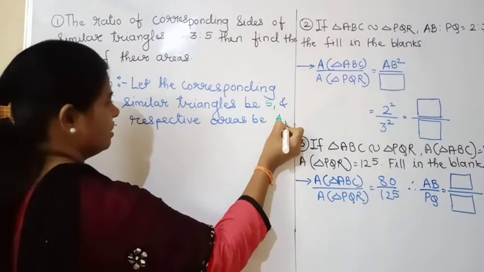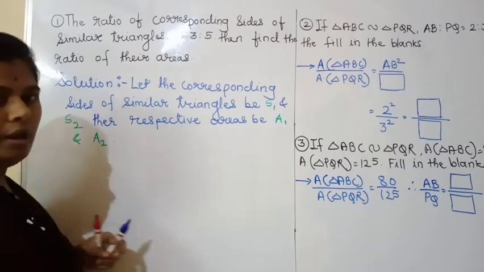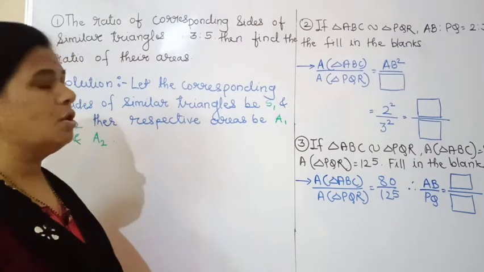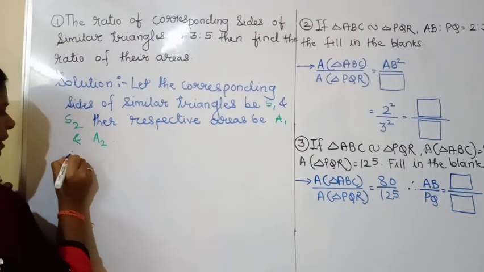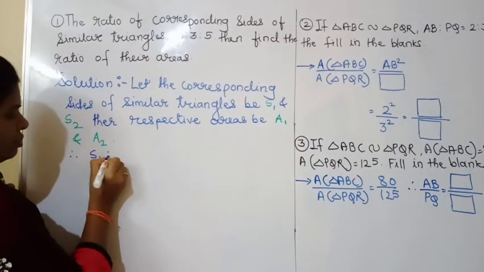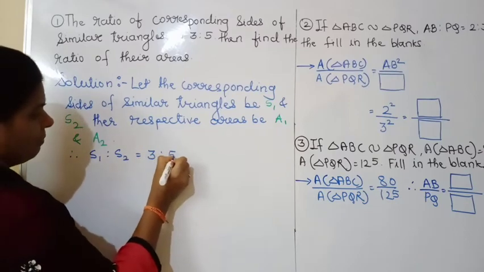Now what is given to us? The ratio of the corresponding sides. Therefore S1 is to S2 is equal to 3:5.